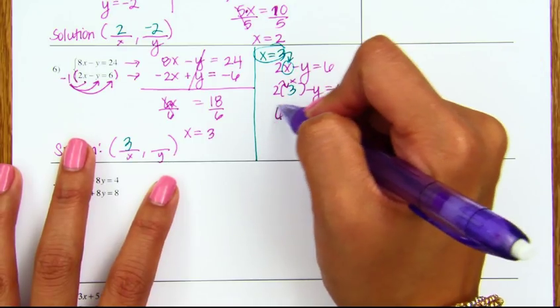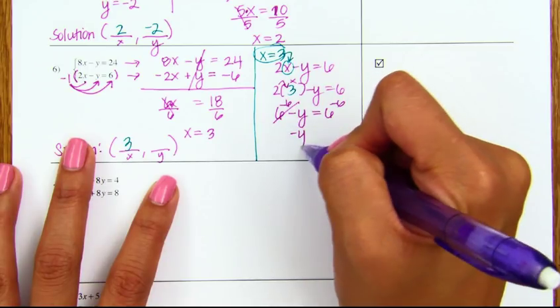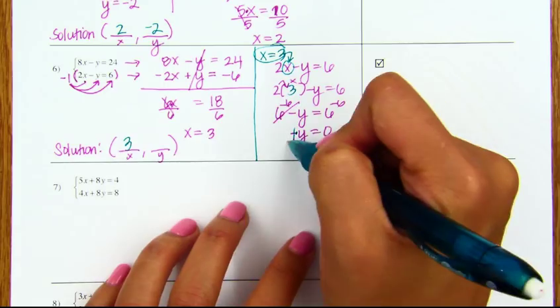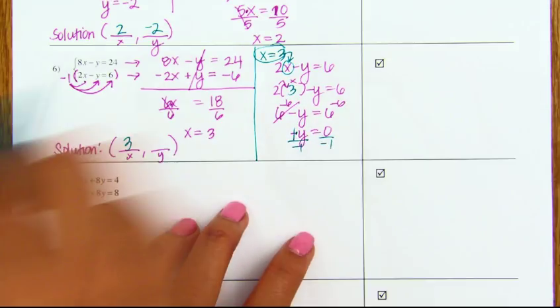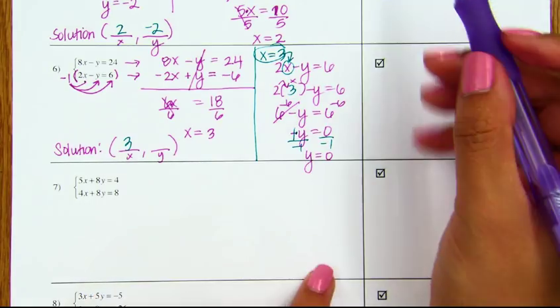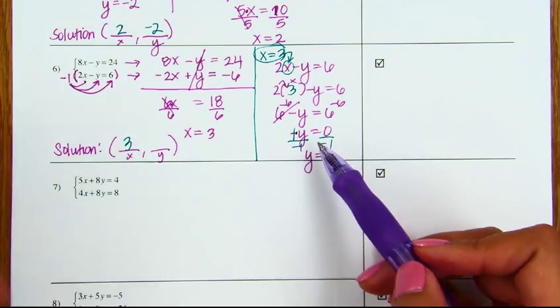Let's go ahead and get rid of this 6 by subtracting 6 from both sides. If negative y equals 0, you're going to have to divide off that negative 1, and you're going to find that y is 0. Why? Because a negative times a 0 is still 0. Anything times 0 will be a 0.